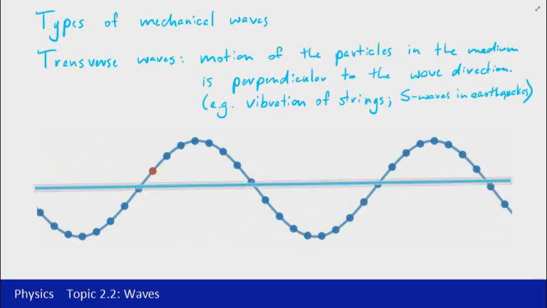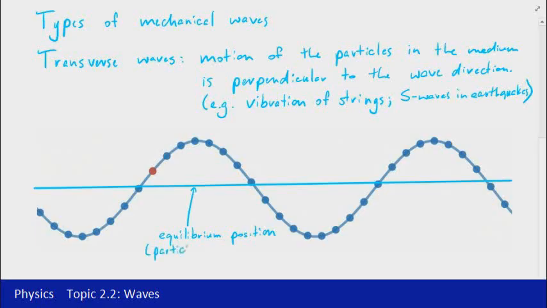That equilibrium position is an important one to have a good understanding of. I'll just start with that part first. Now the equilibrium position, if you think about the word equilibrium, it means that everything is balanced. And so the equilibrium position is the point at which the particles are at rest.